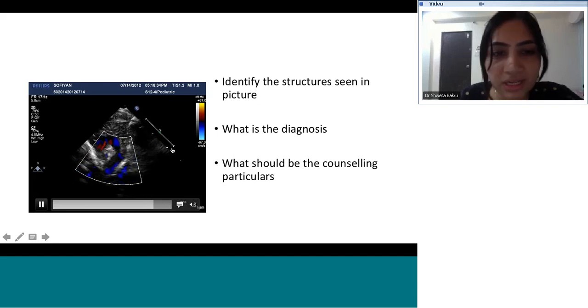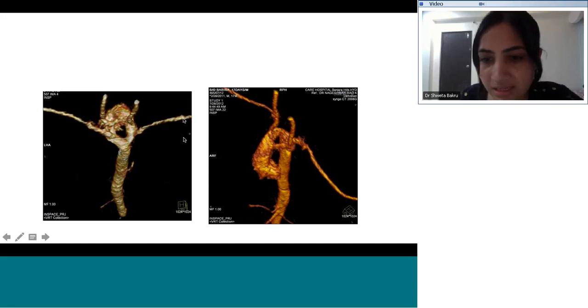For a double aortic arch, a CT scan is confirmatory, but echo suspicion is very important because we can't send all babies for CT scan who come with stridor or symptoms. As we can see here, there are two arches that we can see beautifully in this computed tomography, and each arch gives ipsilateral neck vessels.